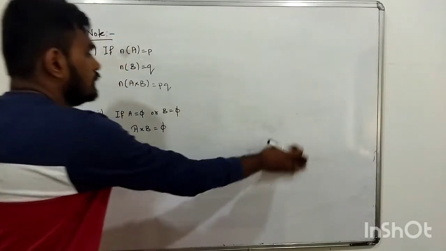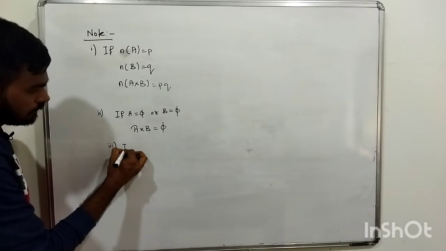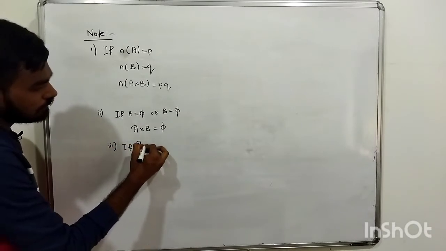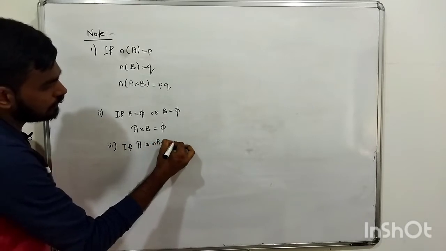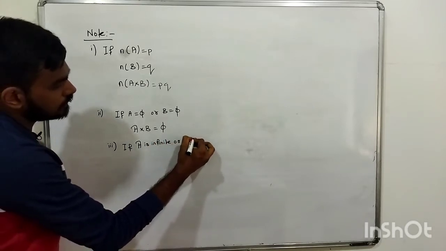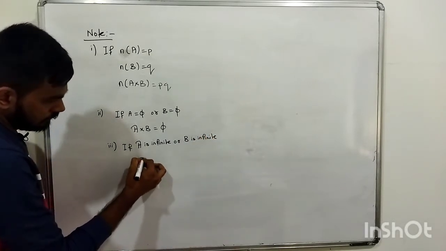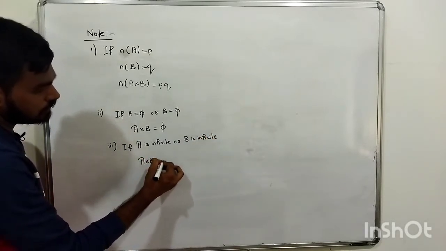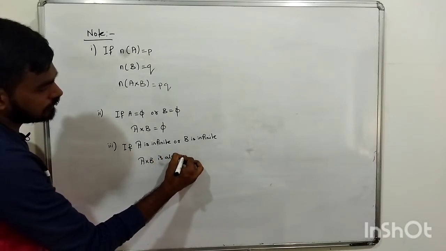Okay. Similarly, third: if any one of these is infinite, if A is infinite or B is infinite, then A cross B is also infinite. Remember this also.